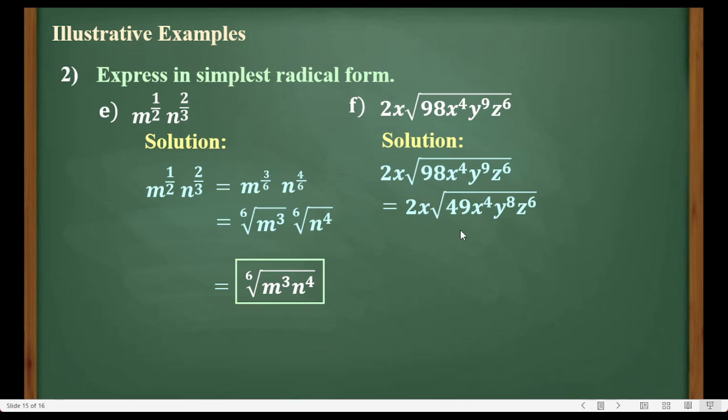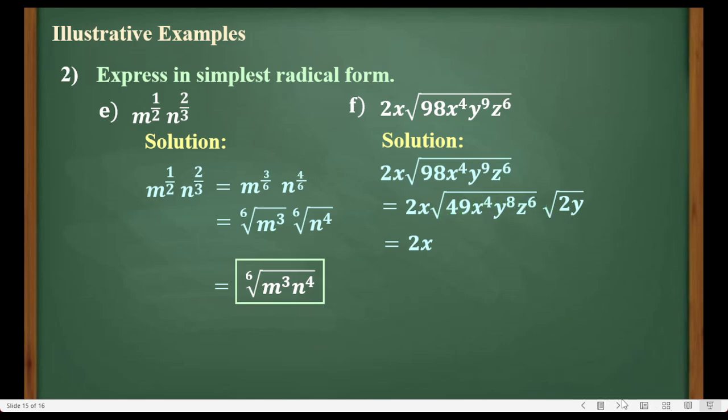Then of course, since we extract the perfect square factor from this radicand, now there is a factor that is left from this radicand, and that is what? 2 and y. So basically, after we write this perfect square radicand factor, it is still followed by the square root of 2y. And then, we get the square root of this radicand.